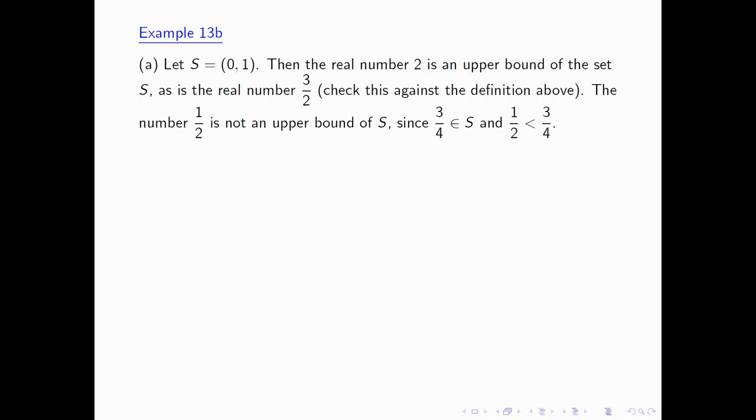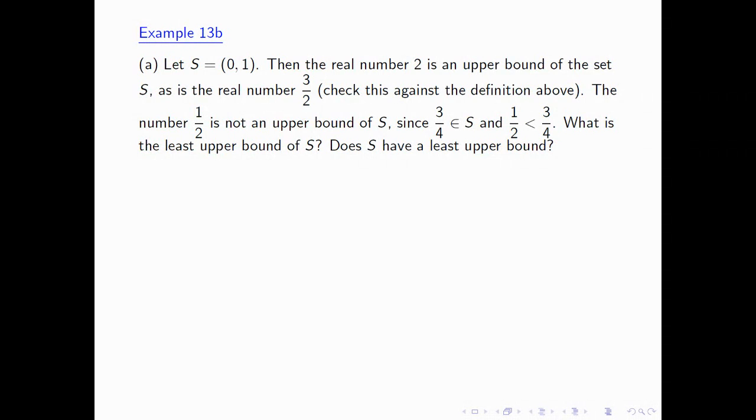Well, I'm going to convince you now that the number 1 is in fact the least upper bound of that set S. Now, notice firstly that the number 1/2 is not an upper bound of S. It can't be an upper bound because the number 3/4 is in S and a half is less than 3/4. Remember, for half to be an upper bound, all numbers in S must be less than or equal to it. And so a half cannot be an upper bound.